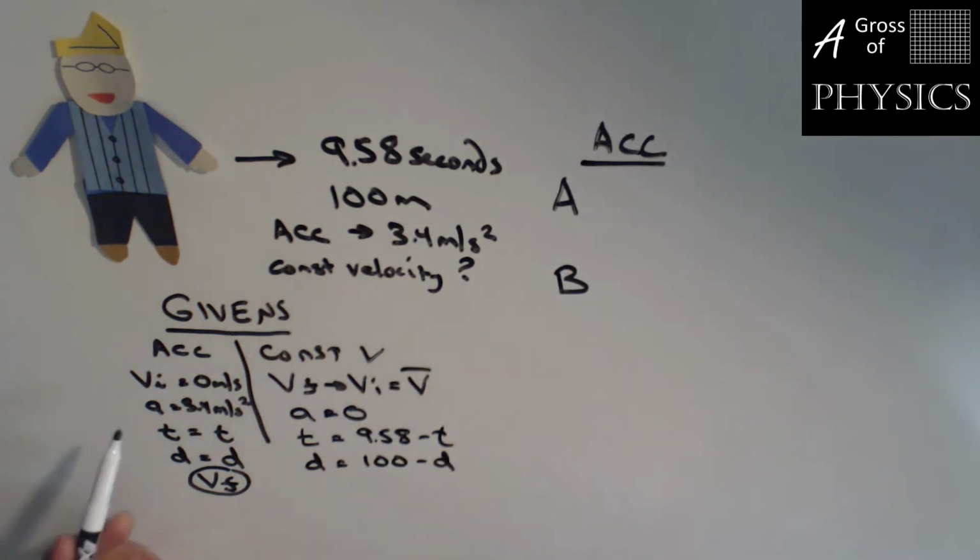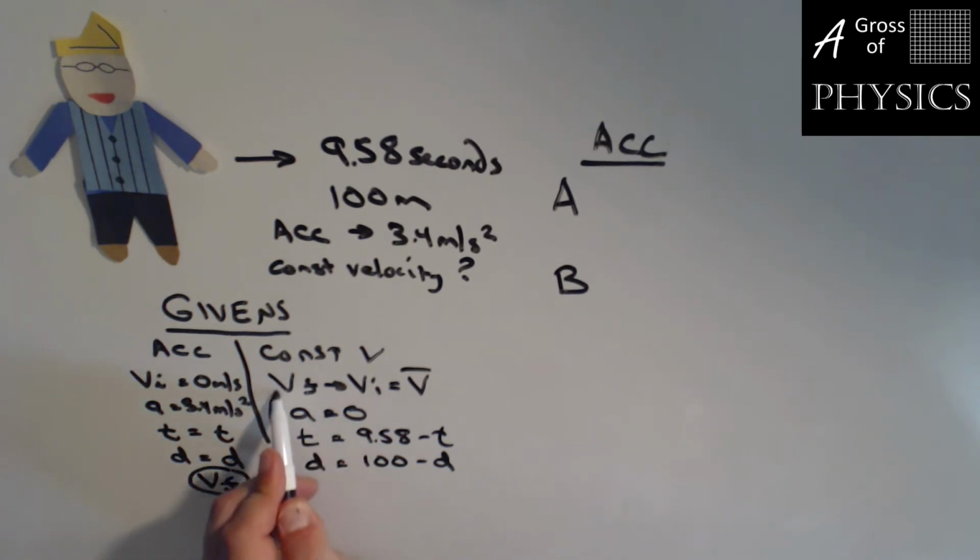Now for the acceleration, we know VI, we know A, we know T, and we know D. And what we need to find for these is the distance and the time, effectively. So we need to have equations that have D and T in it. But importantly, we're also going to need to know VF if we're going to use it for the second side. So this VF will become important. It's the one variable that's going to jump the chasm between the two givens lists.